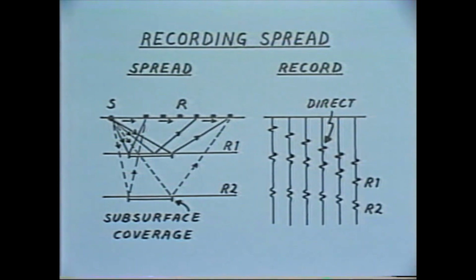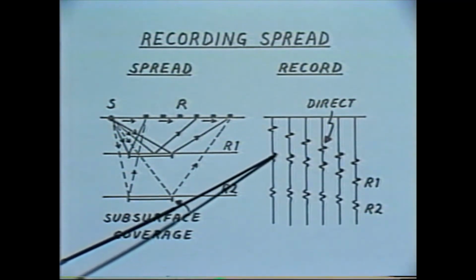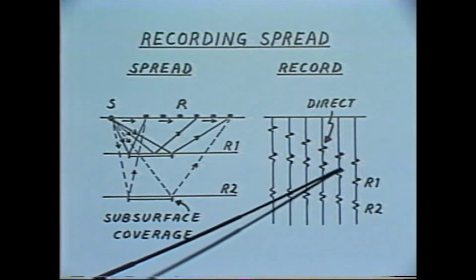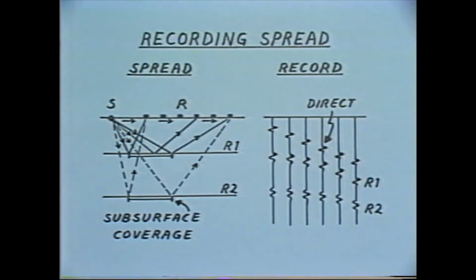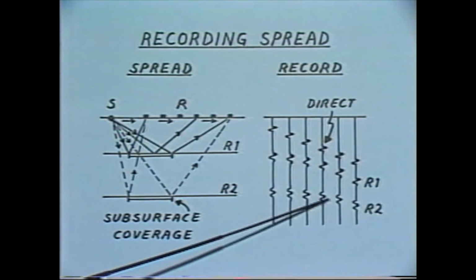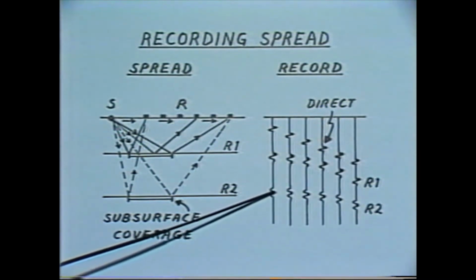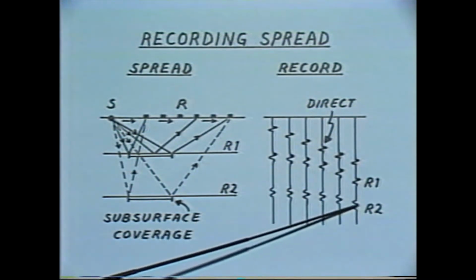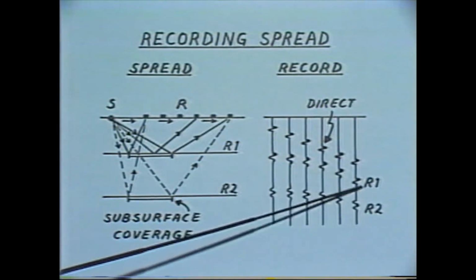Therefore, the reflection obviously arrives later at the more distant receivers, and the geometry is such that the reflection event actually follows a curve across the set of traces on the record from these receivers. A deeper reflector would form a curve also, but it would be less curved than the shallower reflectors.